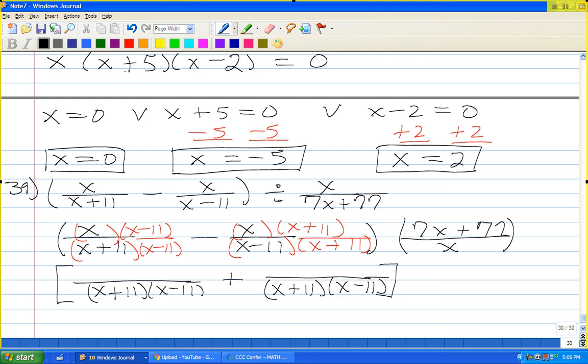So let me multiply the x inside the parentheses, the negative x inside the parentheses. So I'll get x squared minus 11x. I'll get a negative x squared minus 11x. Let me factor out the 7.